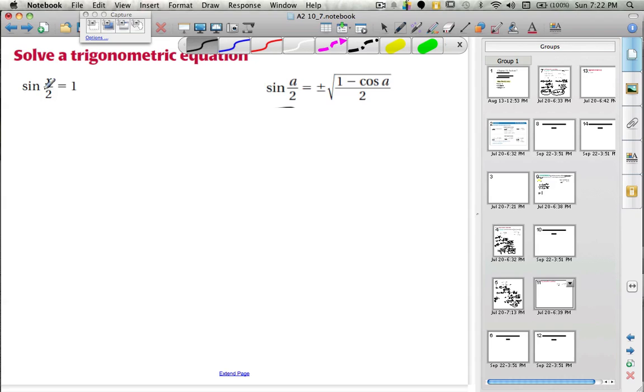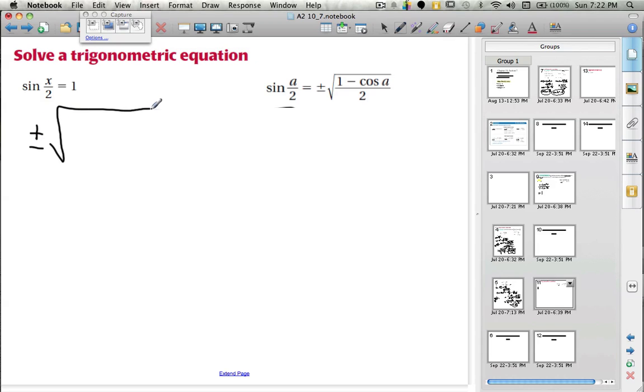So if I go ahead and work with this, I know that the sine of x over 2 would be equal to plus or minus the square root of 1 minus the cosine of x over 2, and that's all equal to 1. So if I square both sides of this equation, I'd have 1 minus the cosine of x over 2 is equal to 1.